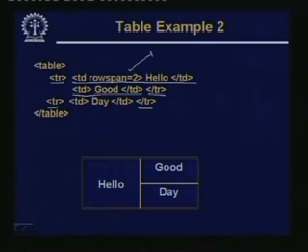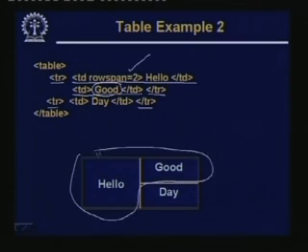Now, in the first row definition, you see there is a row span equal to 2, which means there is this cell which is spanning across 2 rows, and by the side of it there is another cell with a content good. Now, good is not spanning across 2 rows, good spans only 1 row. So, the appearance will be something like this, as you can see here.